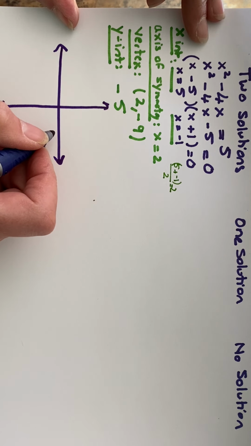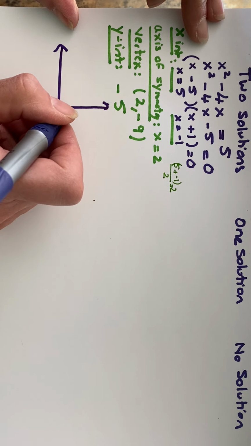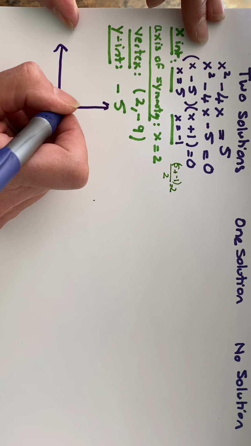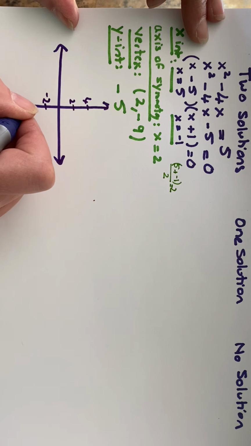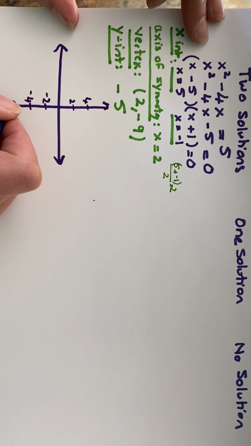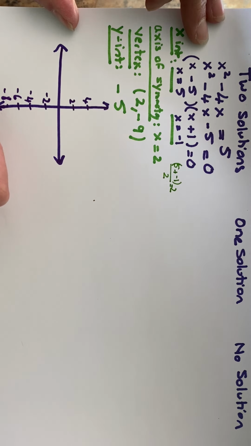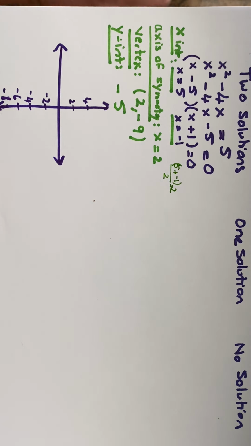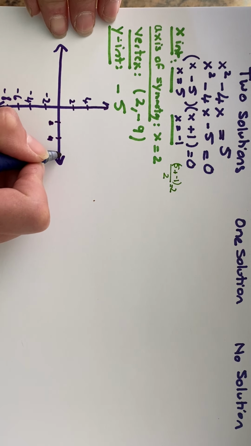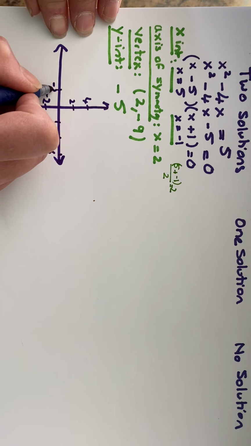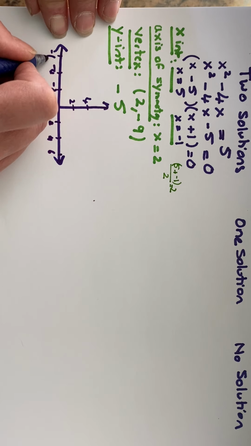I'm gonna count by twos just to save space. -2, -4, -6, -8, and I'm still running out of space all the way down here. Well, -9 is just going to be at the tip down here. All right, and I'm going to still make it 2, 4, 6, -2, -4, -6.